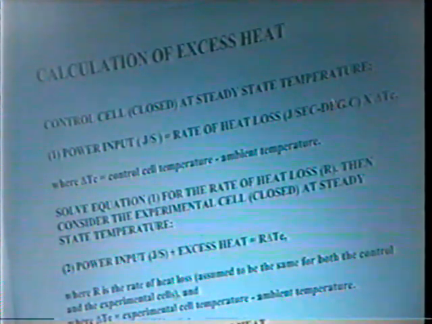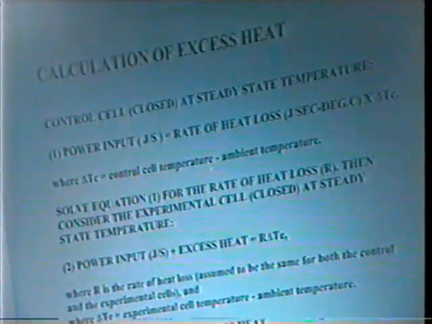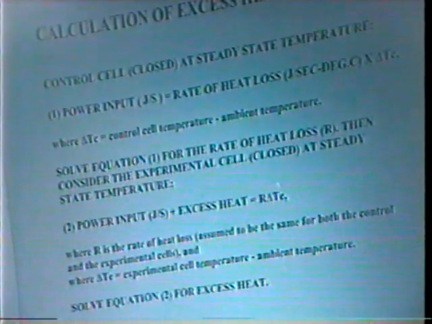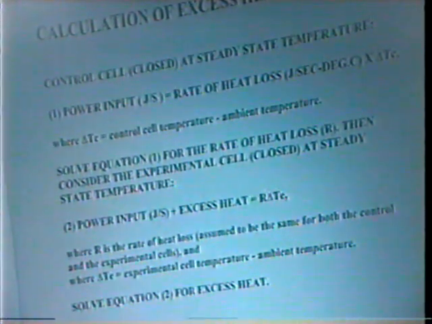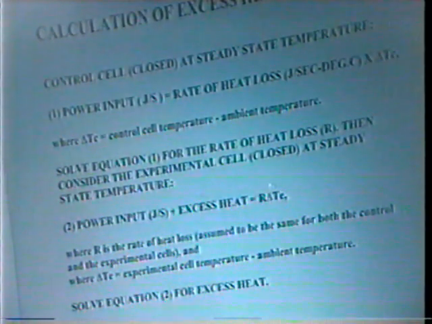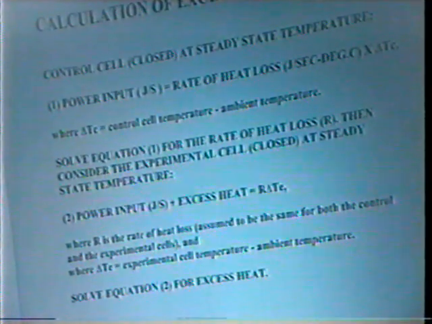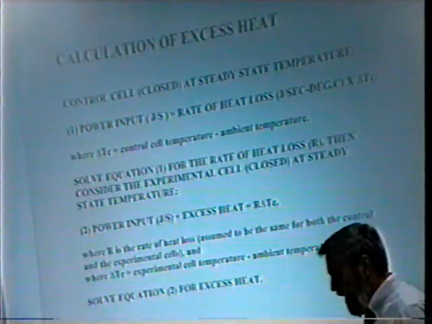So we can solve this for the rate of heat loss, which we call R, and then apply that R to the experimental cell, which if we have a greater temperature gradient between the cell and ambient, then we have excess heat, which we can calculate. So this works if we don't lose any mass during the experiment. If we lose mass, then we have to correct for that. So it's best that if we don't lose any mass.